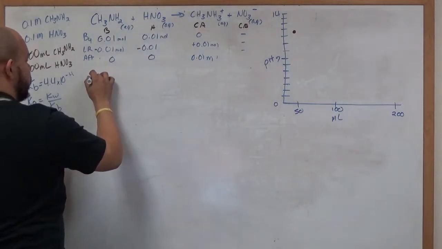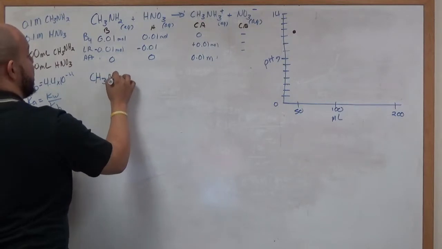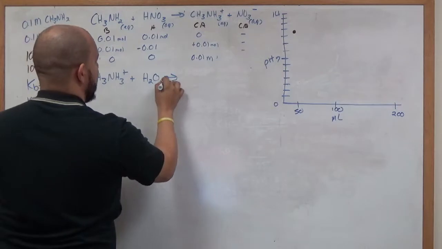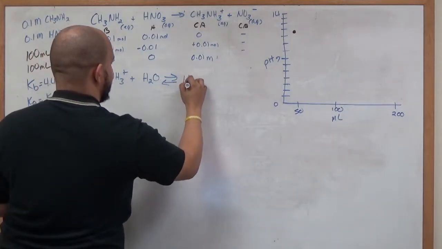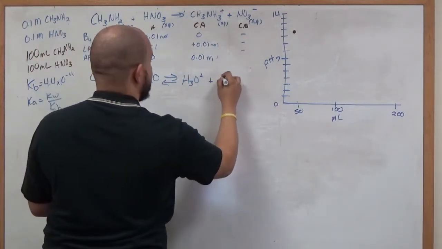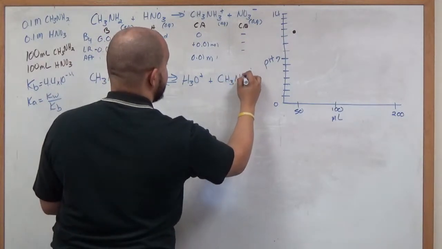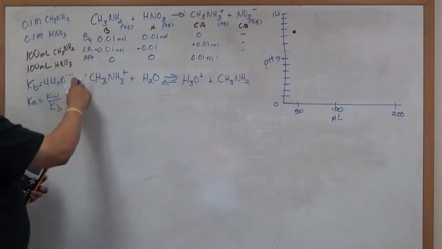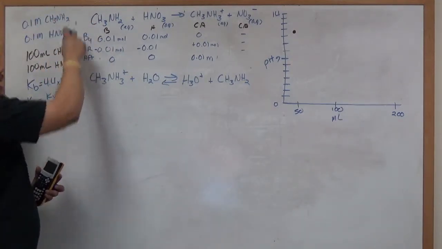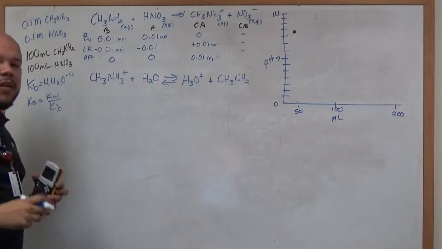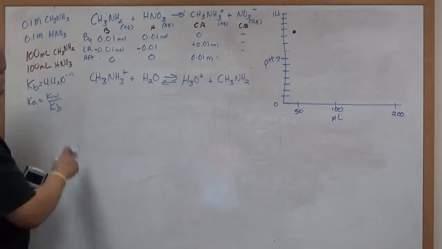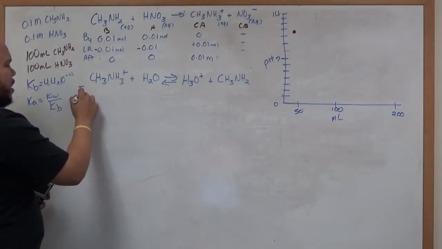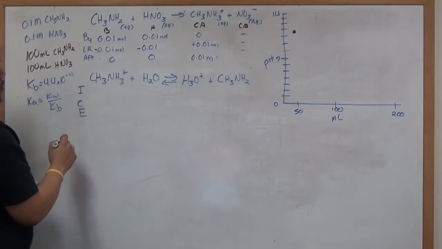Because now in solution, CH3NH3 plus is going to interact with water and establish an equilibrium that creates hydronium plus now what will be the conjugate base of our acidic scenario. That interaction, that thinking and process to get right here at equivalence is where a lot of people are going to make mistakes. Okay, so now that we know this, now again at equivalence we need the ice table.